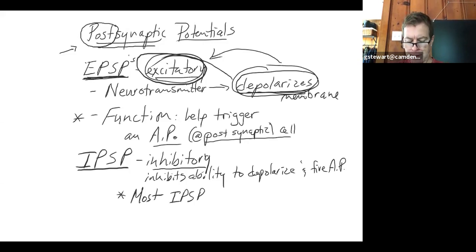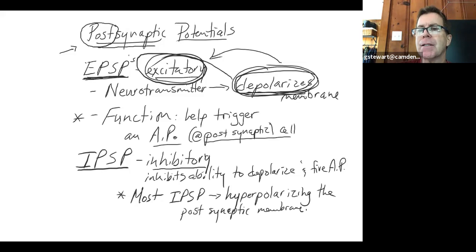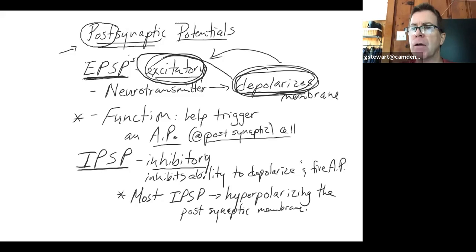Most inhibitory postsynaptic potentials do this by not depolarizing the membrane of the receiving cell, but by hyperpolarizing the postsynaptic membrane. So what they're doing is taking the receiving cell further away from threshold, not closer to threshold.